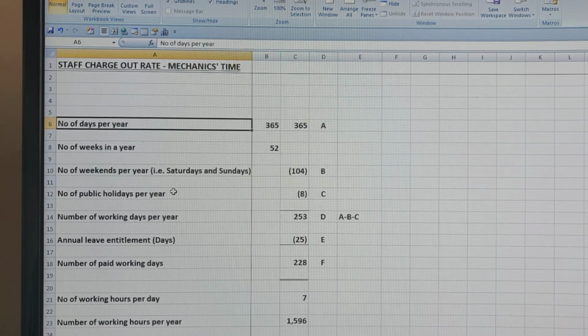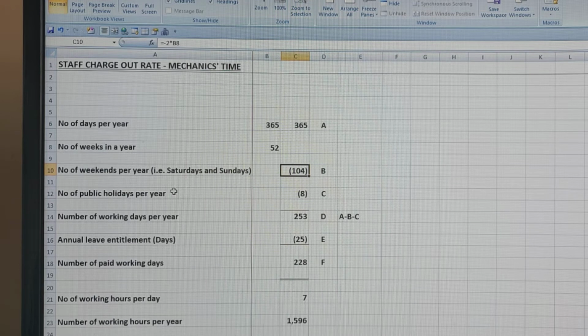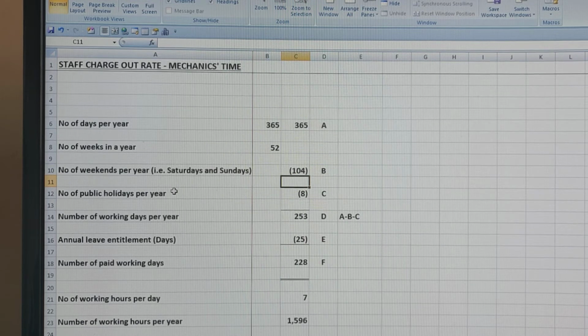Number of working days in the year is 365. If you take 104 Saturdays and Sundays out of that, you remove 104 Saturdays and Sundays. There are 104 Saturdays and Sundays in the year. You remove that from 365 days. You remove the number of public holidays including bank holidays, etc., 8 days in this case.